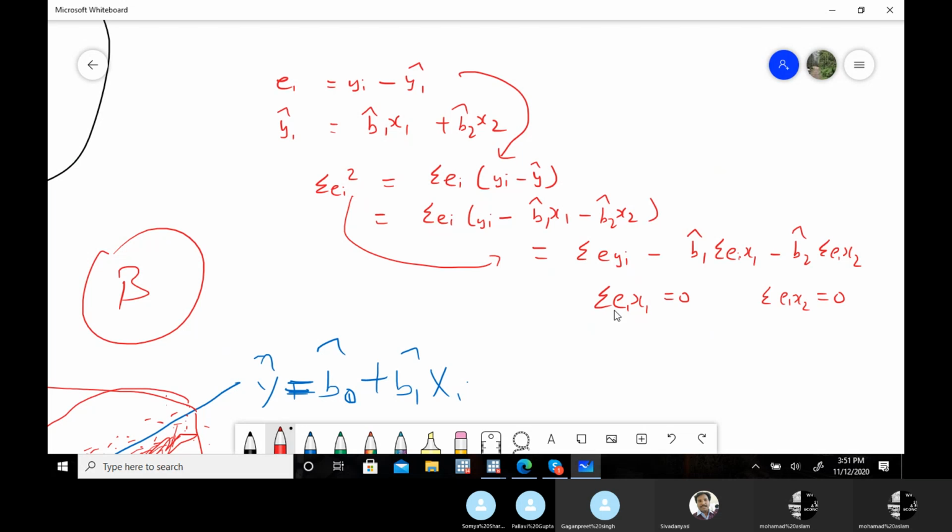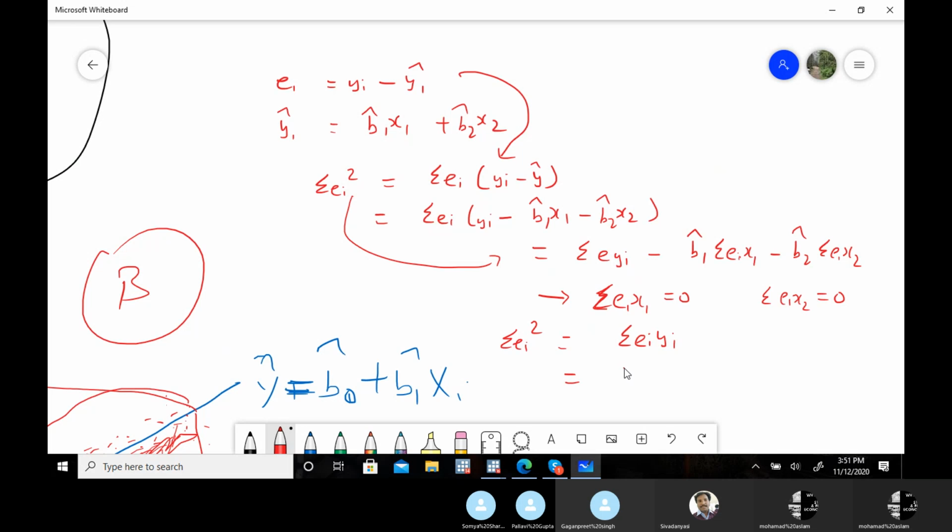This is a property you can use: the covariance of the residual term with any of the independent variables is 0, as we also saw in the numerical properties. The two parts are not correlated with each other. So using these two properties, this particular term remains only with summation ei square equal to summation ei yi, because both the other terms become 0.